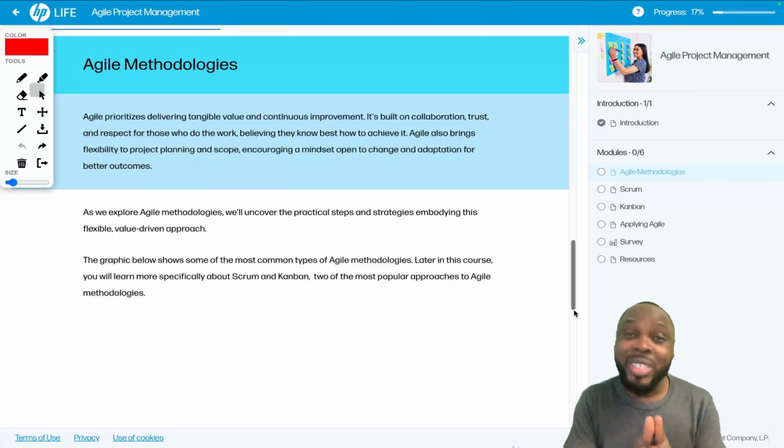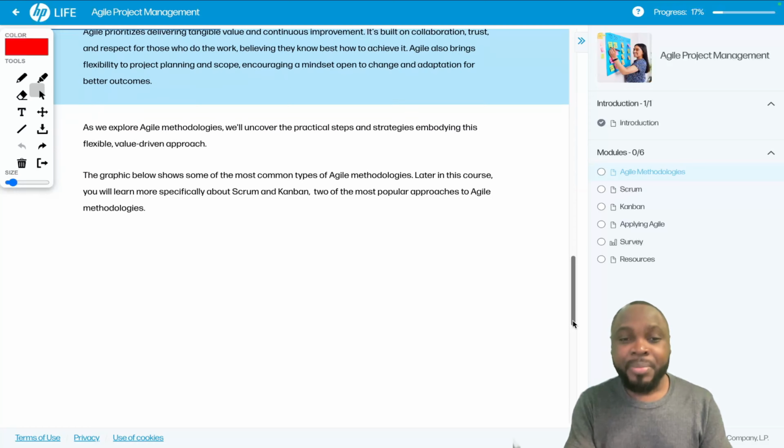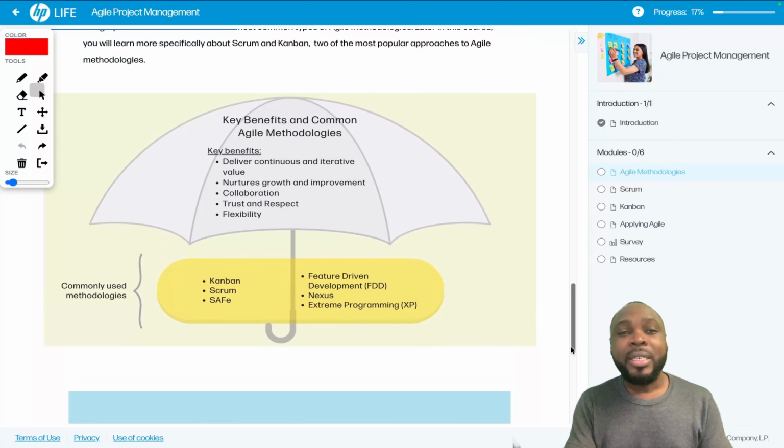Yes, we have other frameworks and other ways in which agile project management can be carried out, which we will see in a bit. As you can see, the Kanban, the Scrum, the SAFe, the feature-driven development, the Nexus, and the extreme programming (XP) are the commonly used frameworks or ways in which agile projects can be carried out.